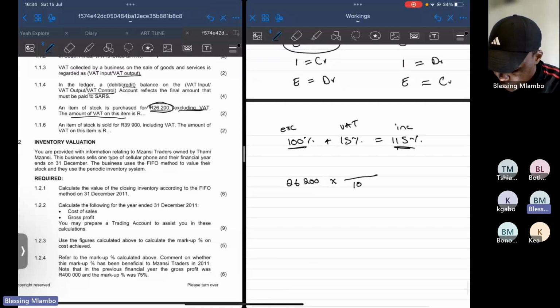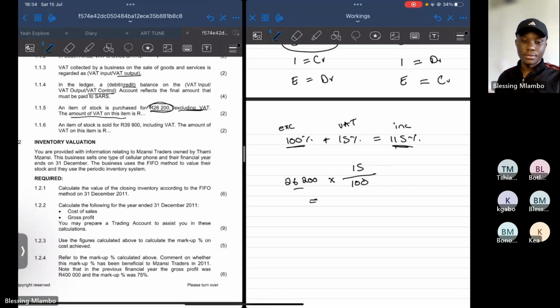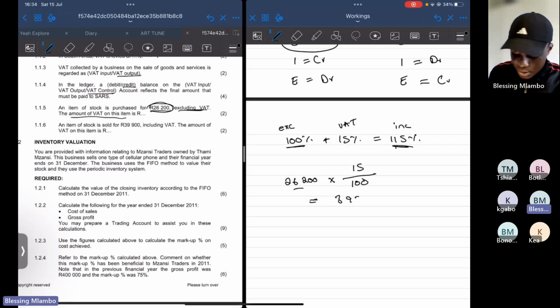So what we have is the VAT exclusive amount, which is 100%, right? And what we want is only the VAT amount, which is 15%. And what do you get? Is 26,200 times 15 over 100, and then we get 3,930. So this is your VAT amount.